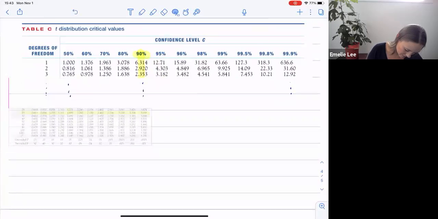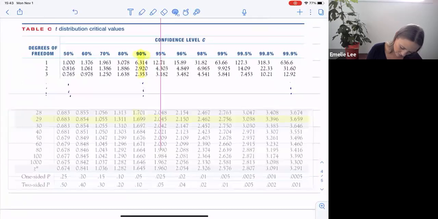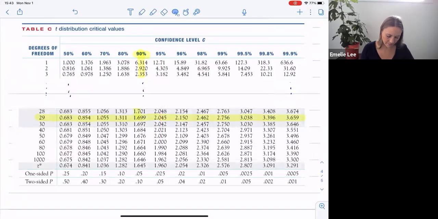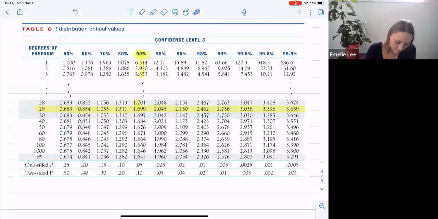And paste. Okay. There. So I chopped out a bunch, and I'll post this table just in case you need it, mostly to confirm your answers. If you're using R or Excel, then you can check and make sure that you get the same thing.